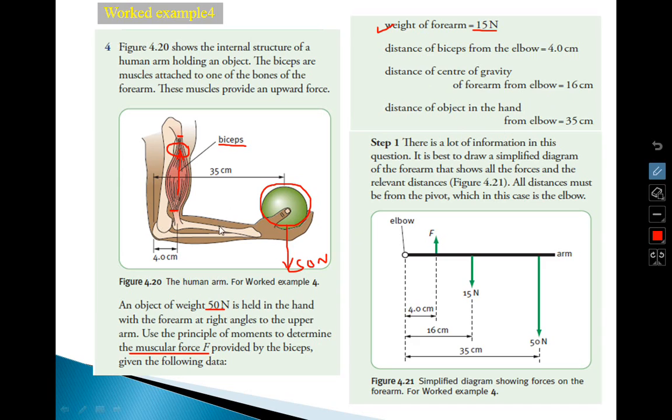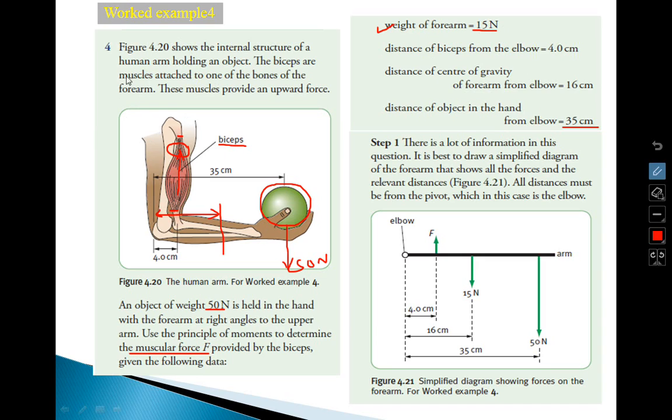It's somewhere here, for example. From here up to here is what? 16 centimeter. The distance of the object in the hand from the elbow is equal to what? 35 centimeter. So all those data are given where? In the question. All of these values are given in the question.